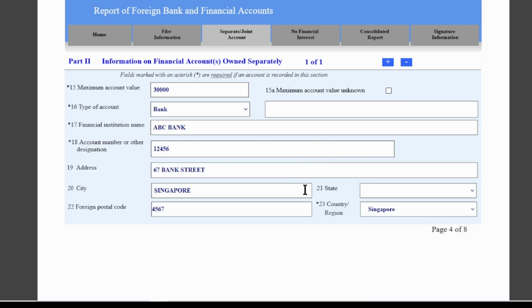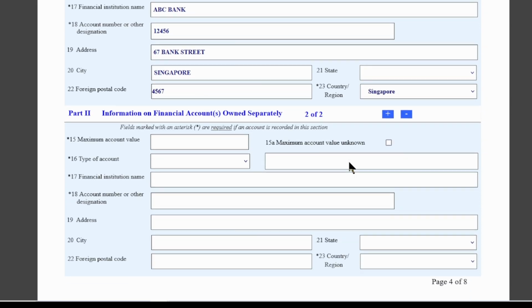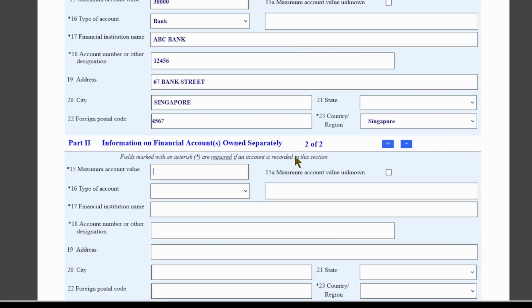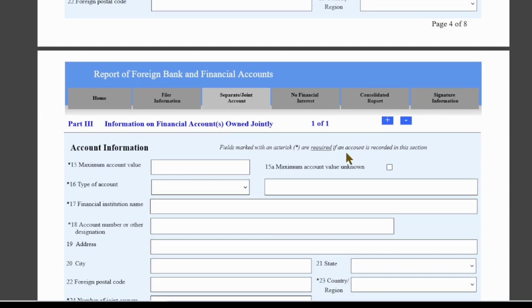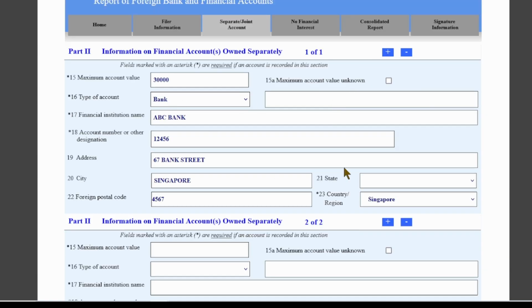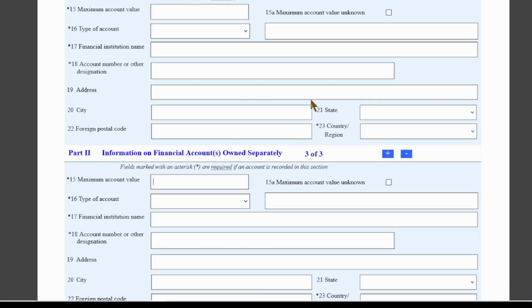So once you do that, if you have more than one account, you click on this and you can add more accounts to part 2. So if you have more than 2, you click on another one and you'll have 3 of them. So fill out how many accounts you have and then let's continue.